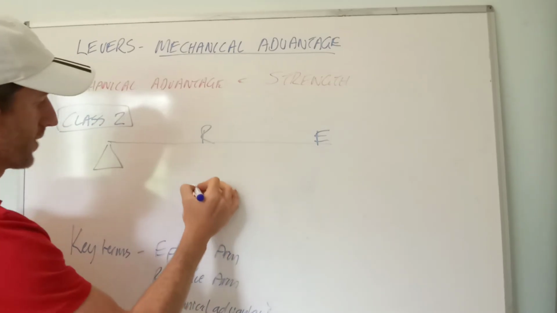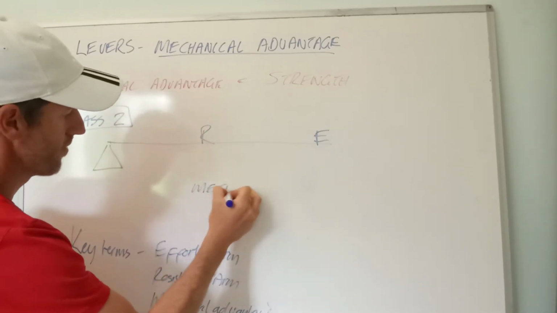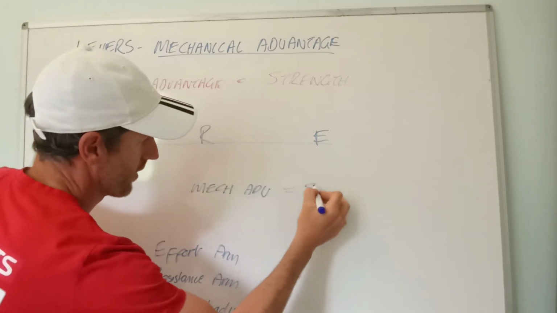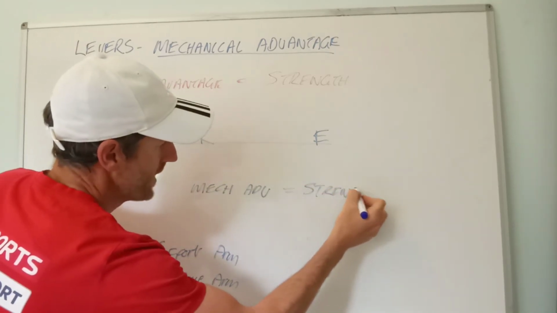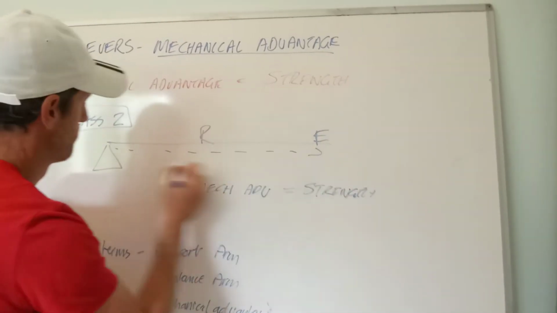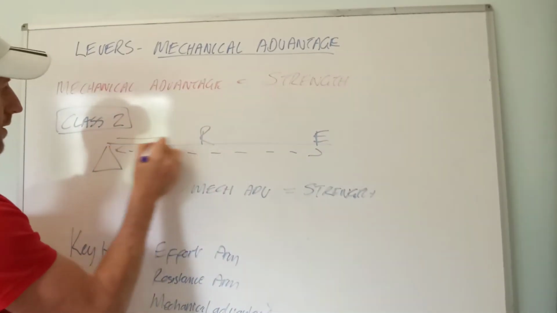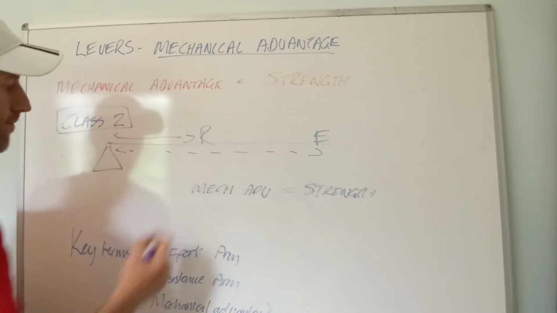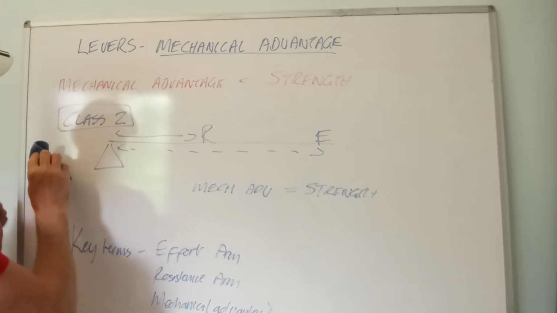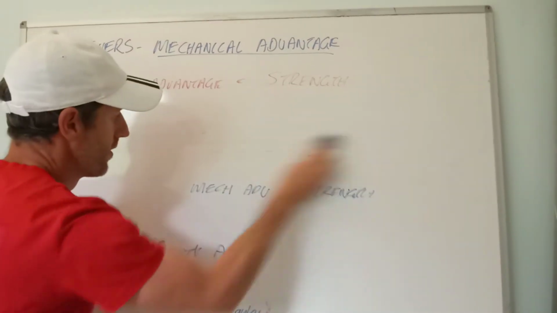You have a mechanical advantage, let's call it mech, equals strength. Why? Because the effort arm is longer than the resistance arm. So that's for strength. Hopefully that's easy enough to understand.